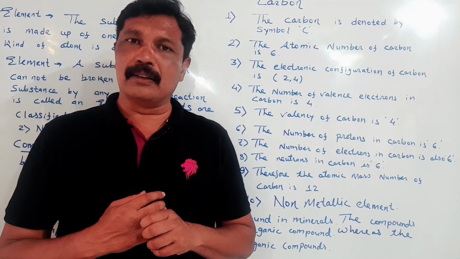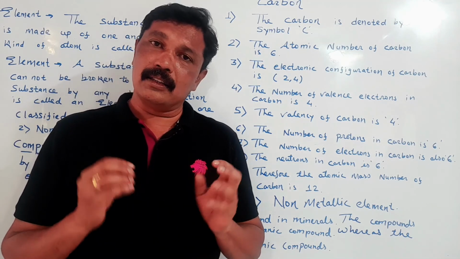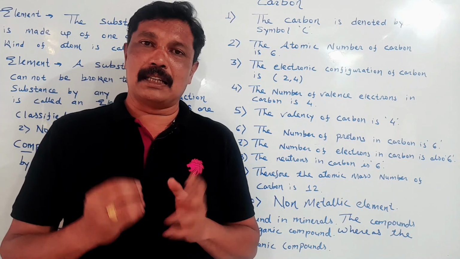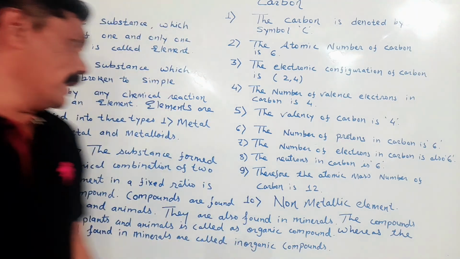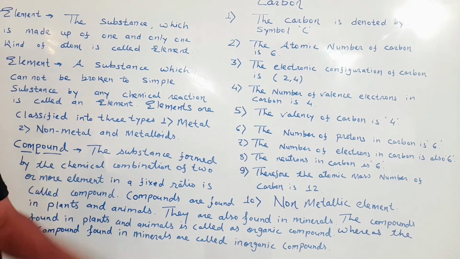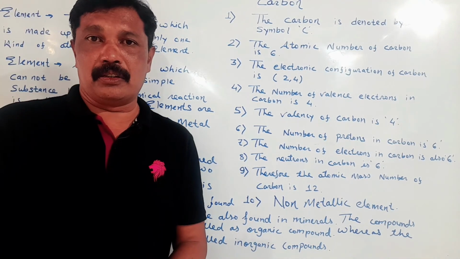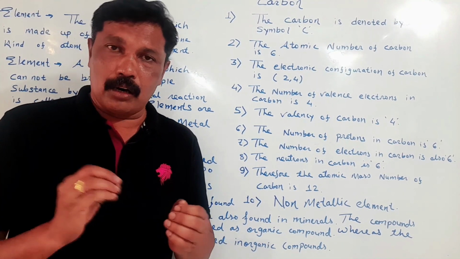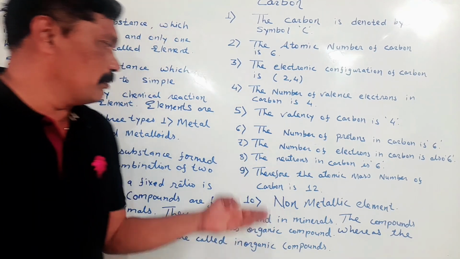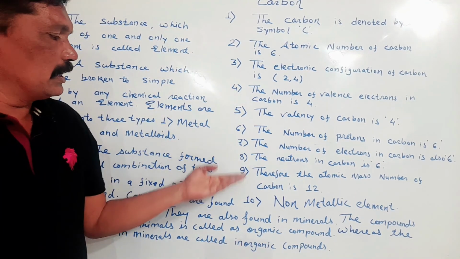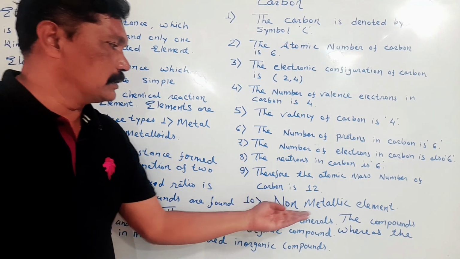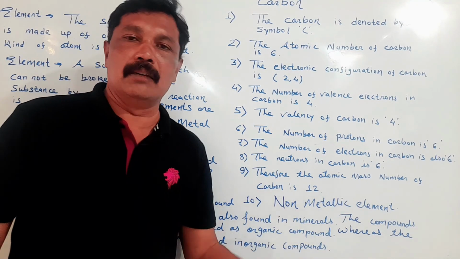My dear student, while learning the definition of element, we have seen that element is classified into three types, that is metal, non-metal and metalloids. From this information, one more piece of information about carbon is given in 9th standard, and that information we have taken in today's lecture, that is carbon is a non-metallic element.